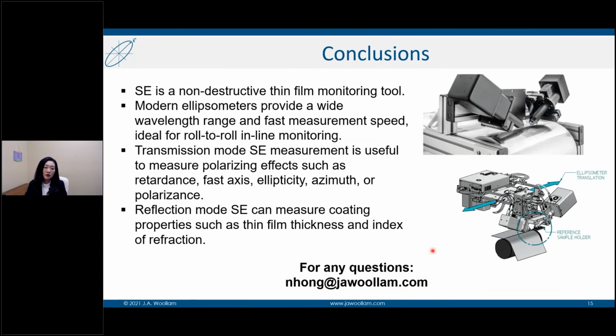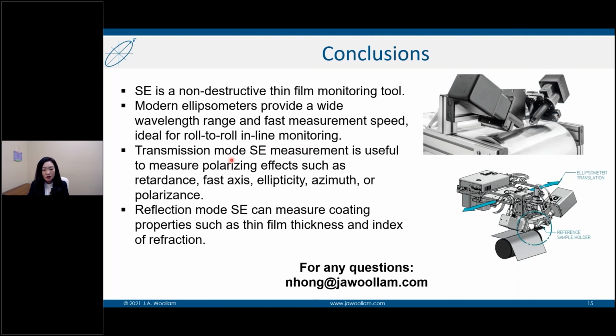So here is the summary of my talk. Spectroscopic ellipsometry is a non-destructive thin film monitoring tool. And modern ellipsometers provide a wide spectral range and fast measurement speed, which makes them ideal for both roll or inline monitoring.